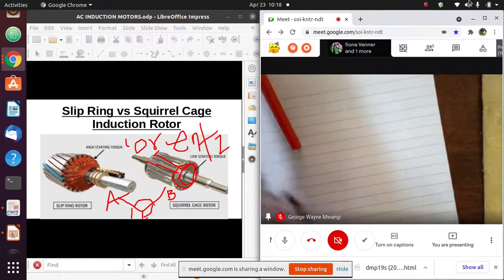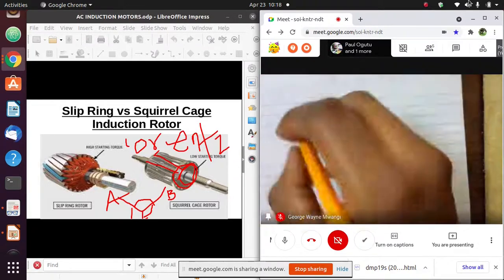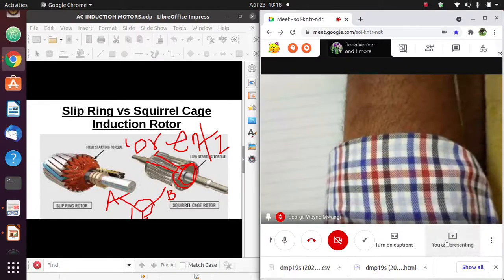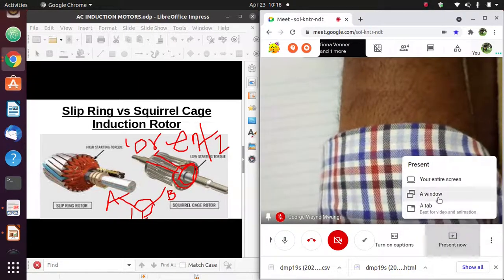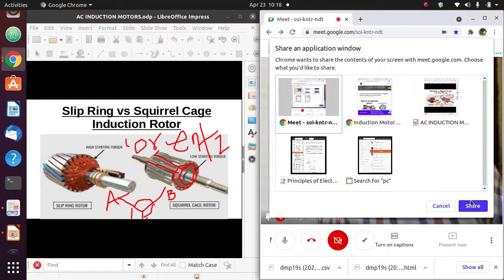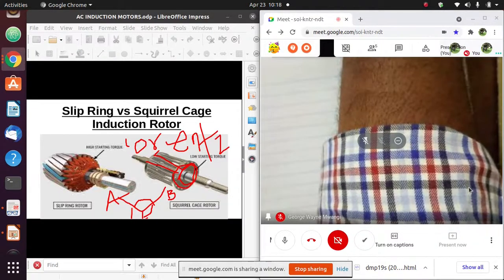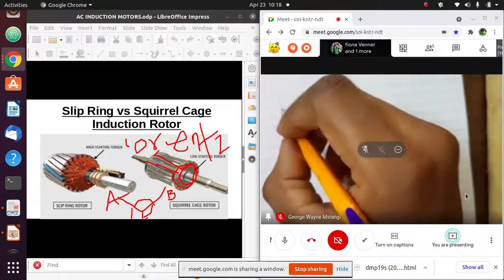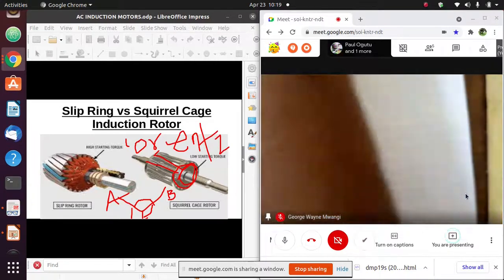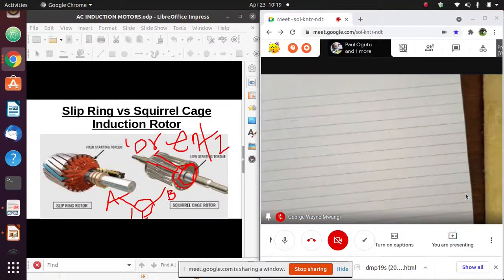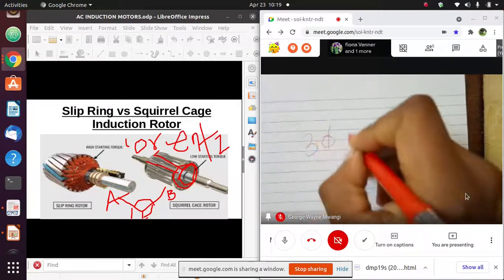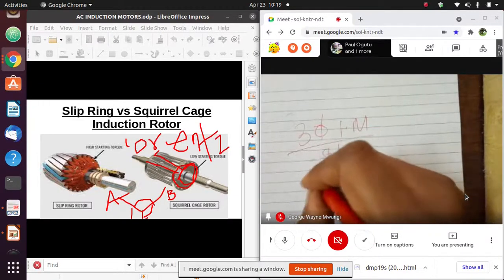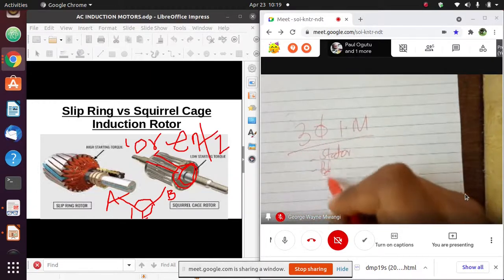Now, I've said that a three-phase induction motor has basic parts: we have the stator and we have the rotor.